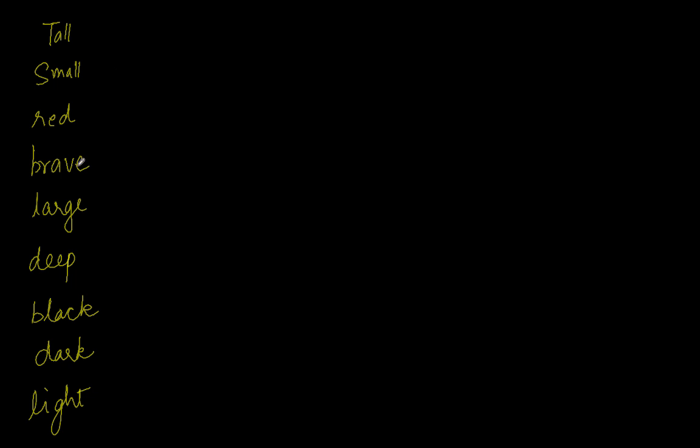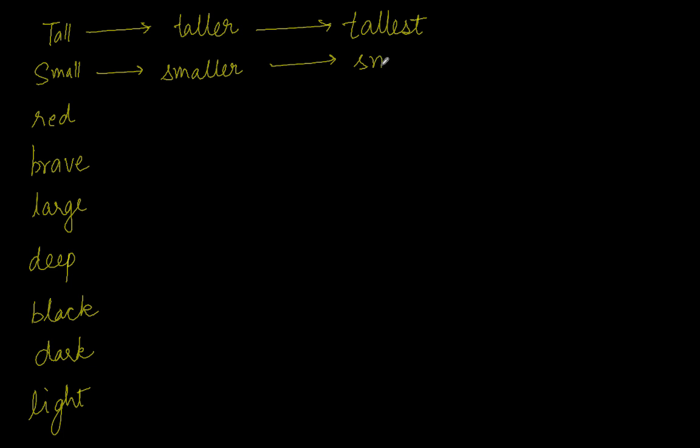These are all the positive degrees. Now we need to convert them into the comparative. So tall becomes taller, and from comparative it becomes superlative, tallest. Similarly, small becomes smaller and smallest.